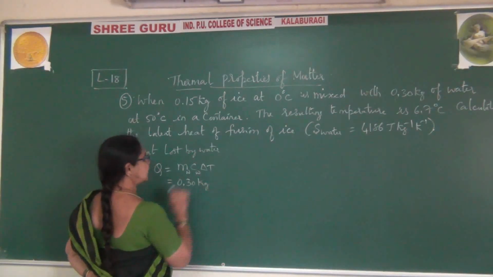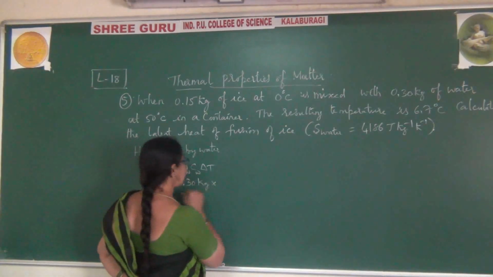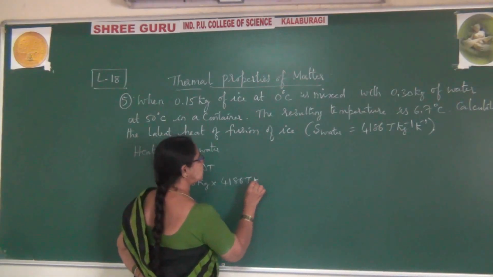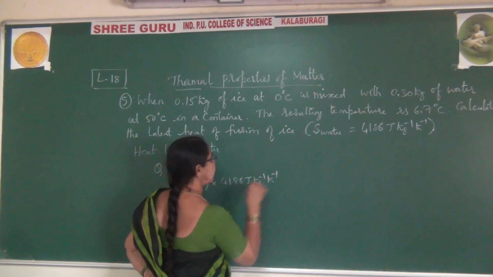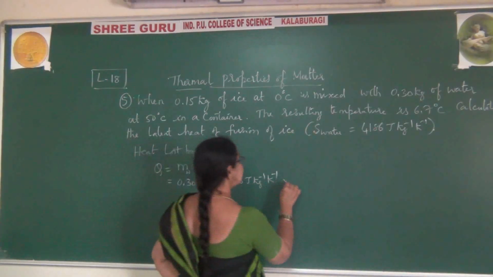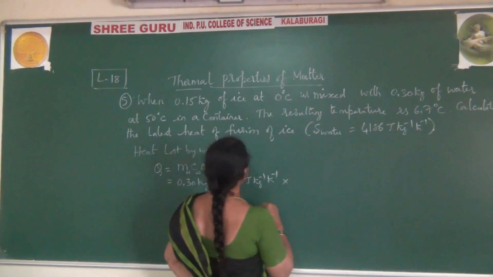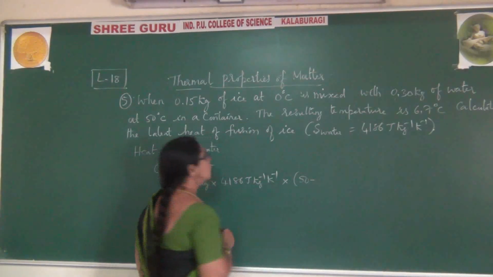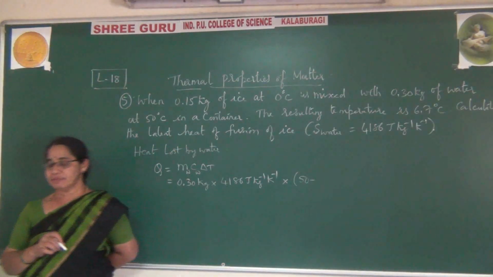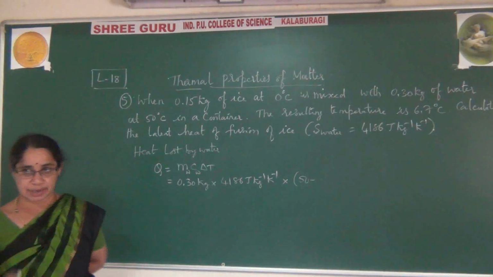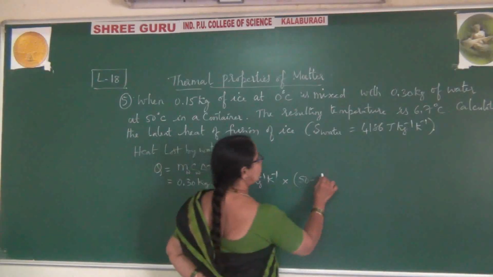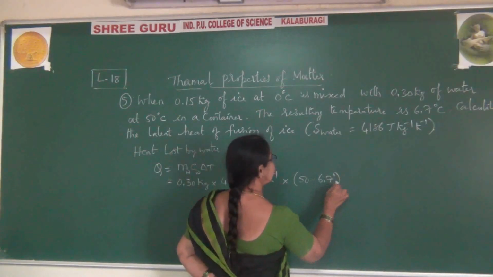The specific heat capacity of water is 4186 joules per kg per Kelvin. The temperature was 50 degrees centigrade, from which you subtract the resulting temperature, 6.7 degrees centigrade.